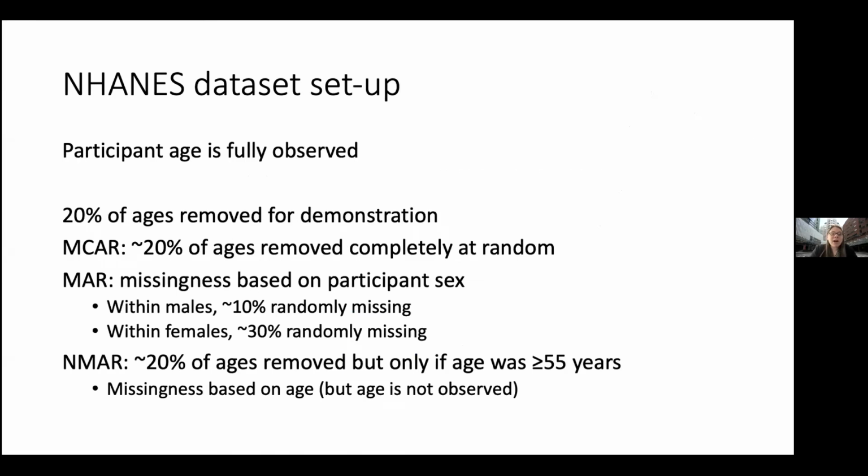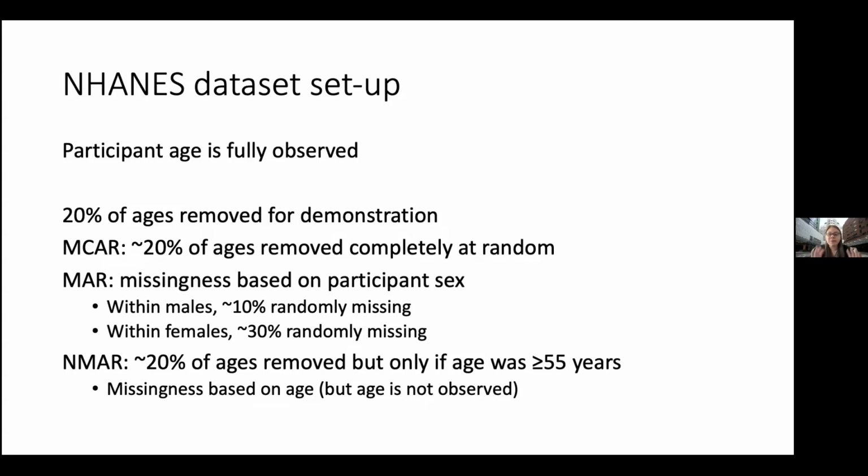So for NHANES, participant age is fully observed in the data set. And so what I did was I removed about 20% of the ages so we could do this demonstration. And I removed them based on the 3 different mechanisms. So for MCAR data, I removed about 20% of those ages completely at random.